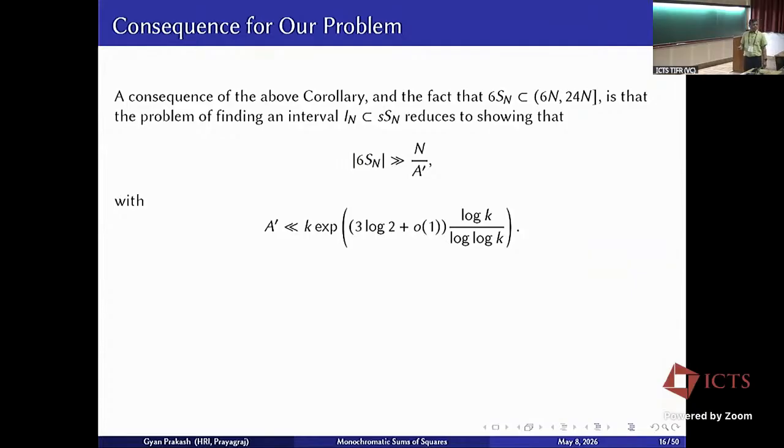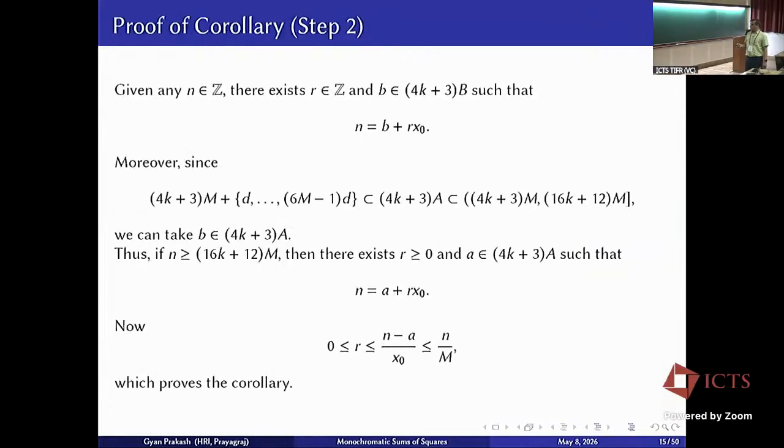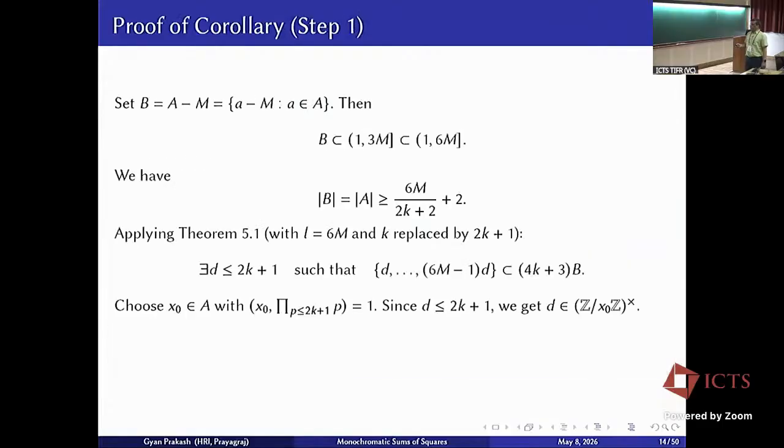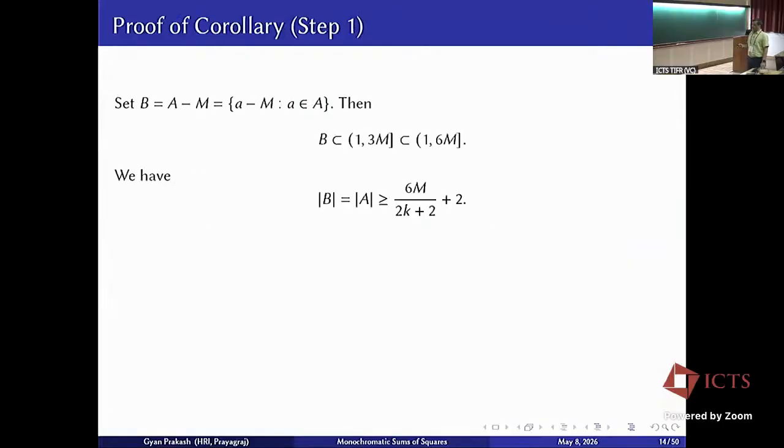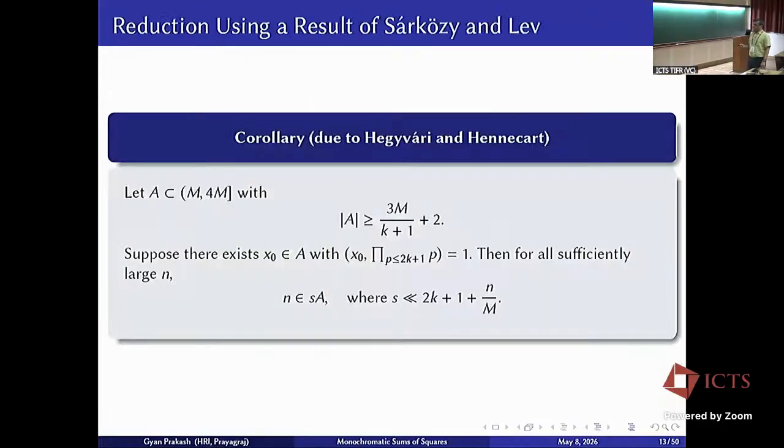Because then what did we do? Even if you have forgotten the details of the proof of this corollary, what was it? That if you have a cardinality of A greater than or equal to the length of the interval divided by the density, then how many summands you have to take is some constant multiple of that density, essentially.